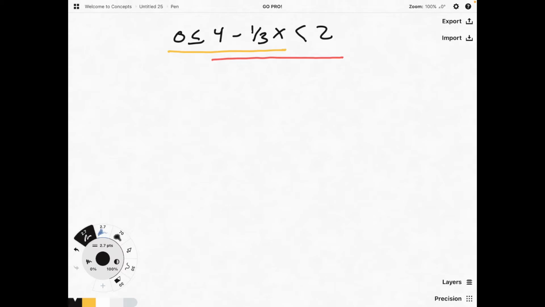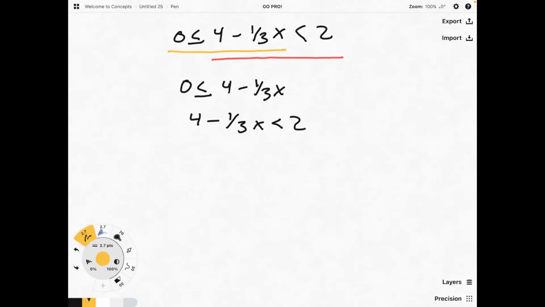Looking at the first equation that we're going to set up, 0, which is less than or equal to 4 minus 1/3 x. And then the second inequality that we're going to set up is 4 minus 1/3 x, which is less than 2. Looking at this first inequality here, we're going to get 0, which is less than or equal to 4 minus 1/3 x.